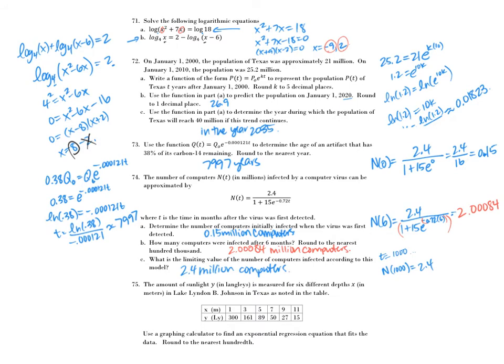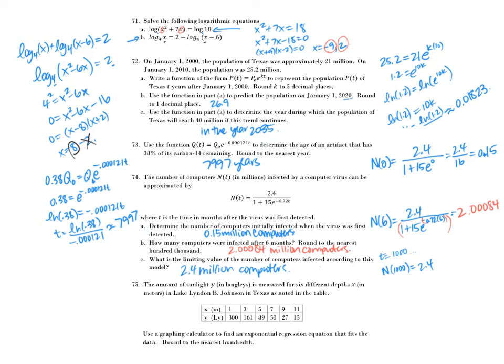The amount of sunlight in Langleys, weird, I've never heard of that unit, okay, is measured for 6 different depths in Lake Lyndon B. Johnson in Texas. Use a graphing calculator to find the exponential regression.